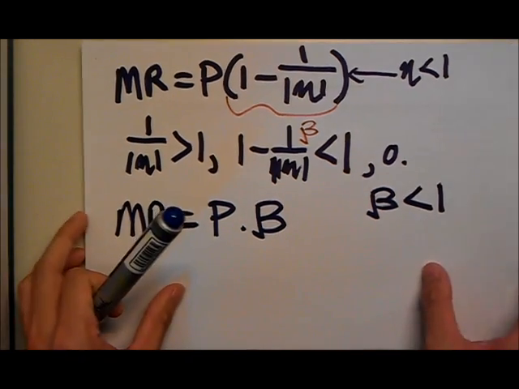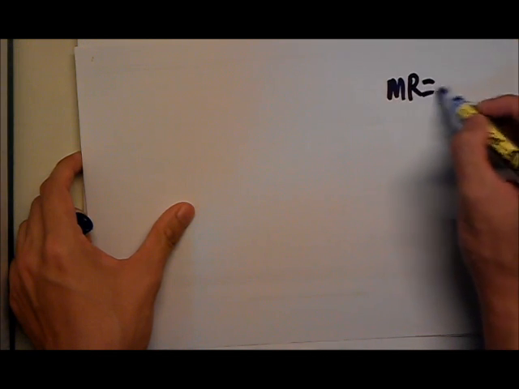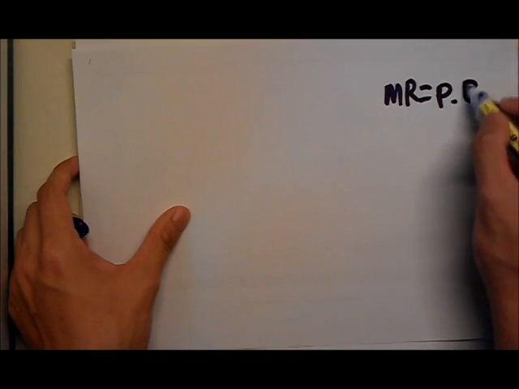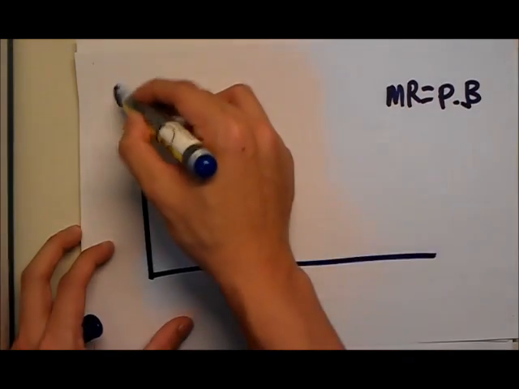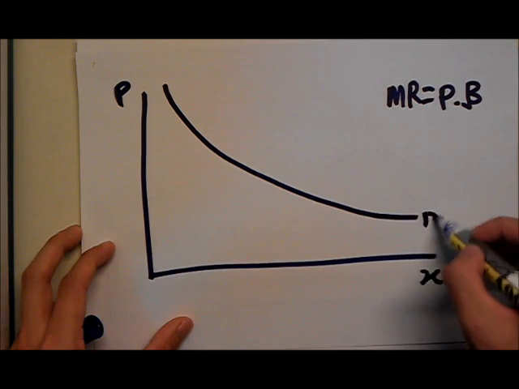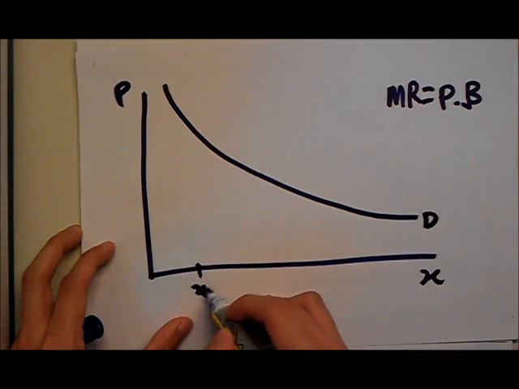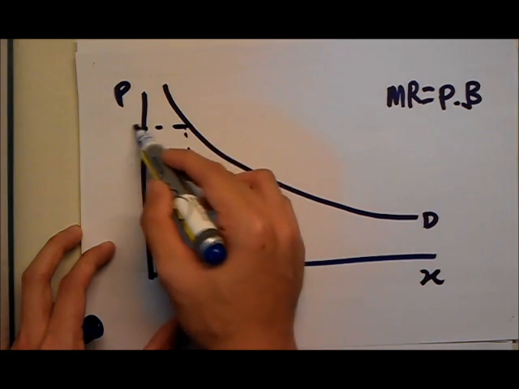Now we go back to the demand curve. I will write this here so that we can all remember. MR equals P multiplied by a fraction number. This is our demand curve, at this quantity of X over here, if you bring it up to the demand curve, this is the price.